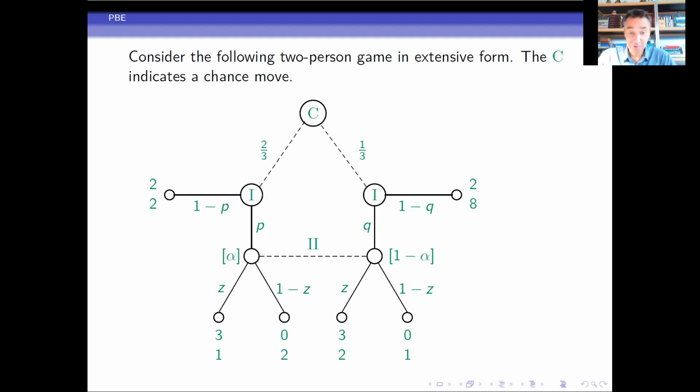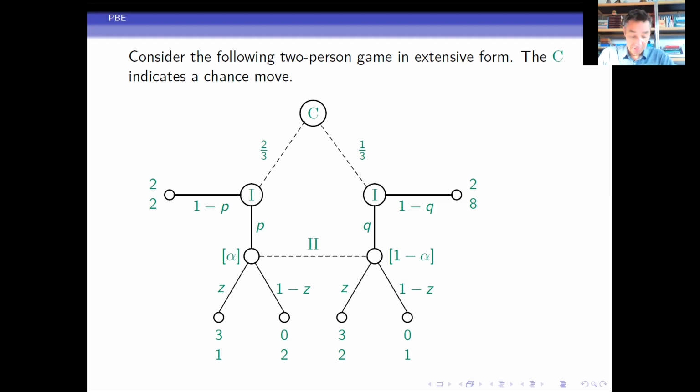So player 2 can observe that the game continues, of course, but he does not know whether we are on the left-hand side or the right-hand side of the diagram. So he has to make a choice between the left or the right strategy without knowing which side of the diagram he is on.